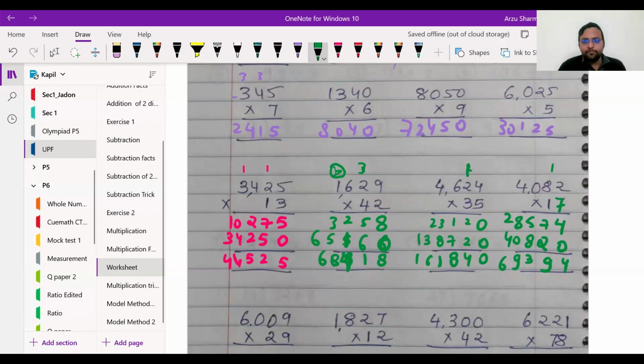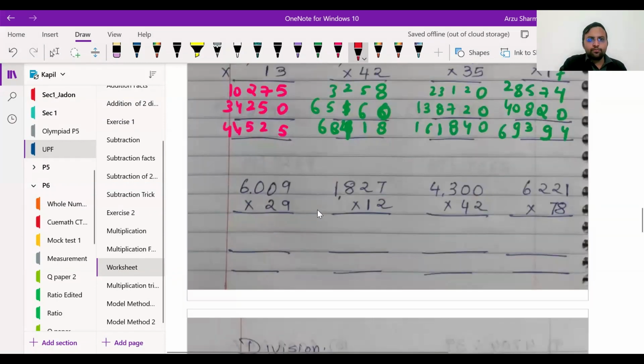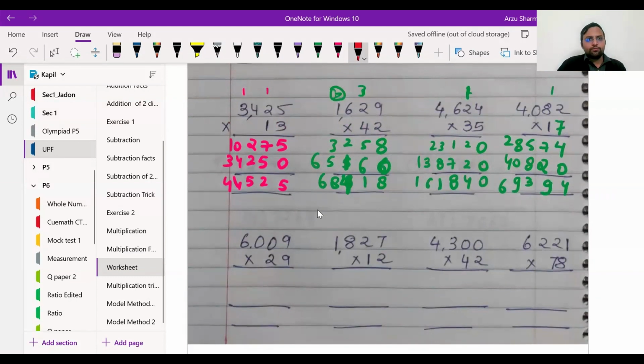Swastik, check your answer. Okay, last 4 questions. Vihan, it should be 69,394, not 84. You made a mistake. Okay, next one. Sharanya has answered.